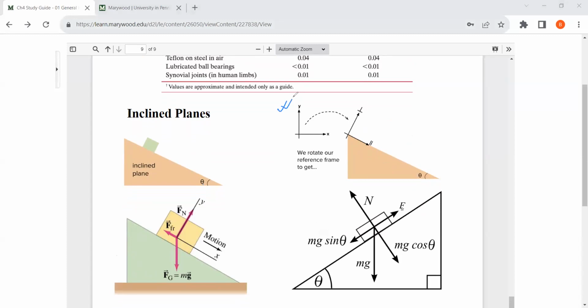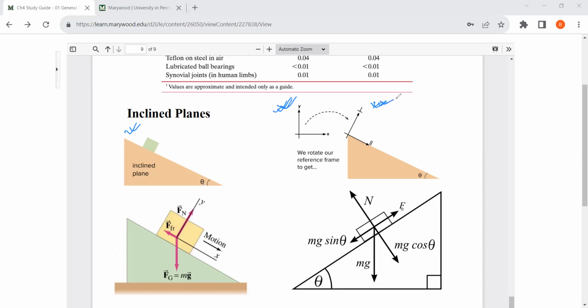If the object is on an inclined plane, something like this, then the coordinate system needs to be modified something like this. If you modify it like this, it will be easy to solve the problem. It doesn't mean that you cannot solve the problem with the normal coordinate system, but it will be easier if we rotate the coordinate system this way.